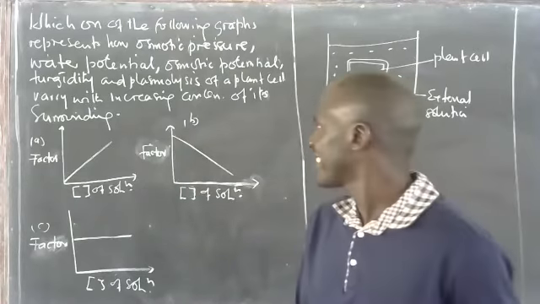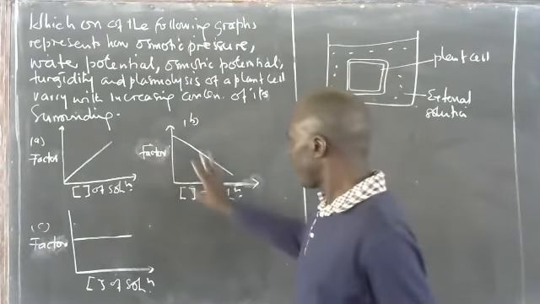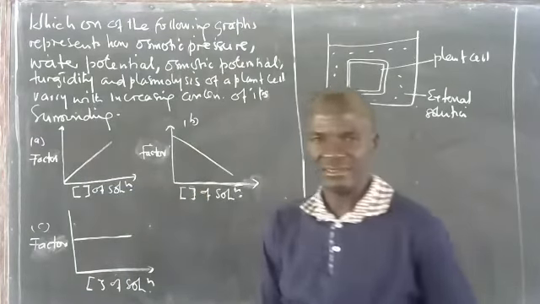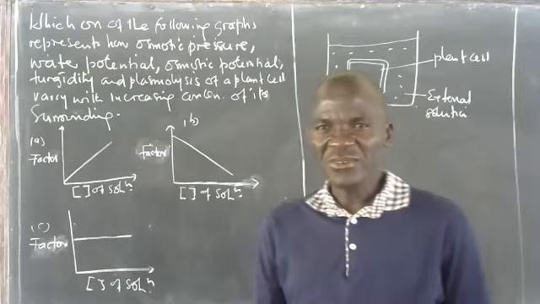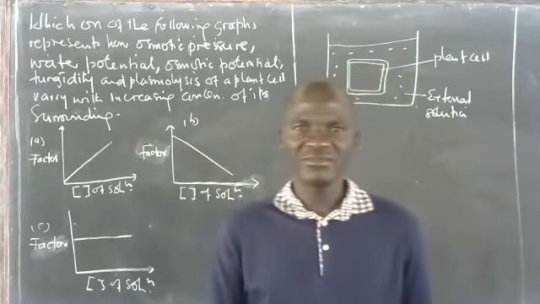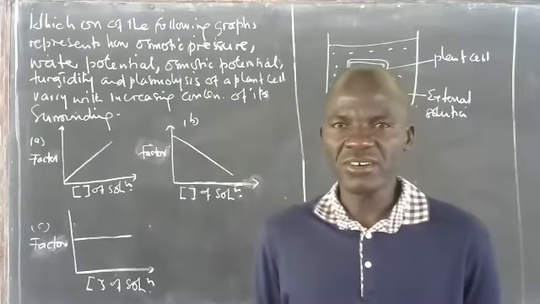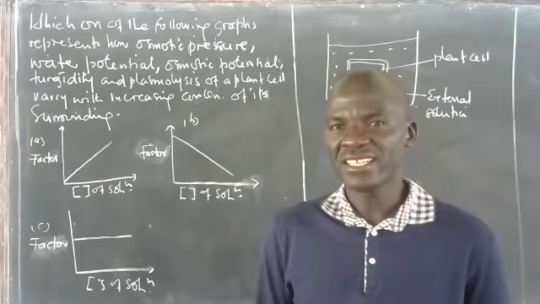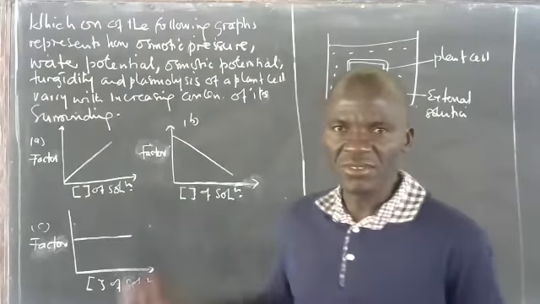Now, if I may ask, of these graphs, A, B, and C, which one could represent the variation of osmotic pressure? If I start with the first factor, osmotic pressure of this cell, how will it vary as I increase the concentration of its surroundings?